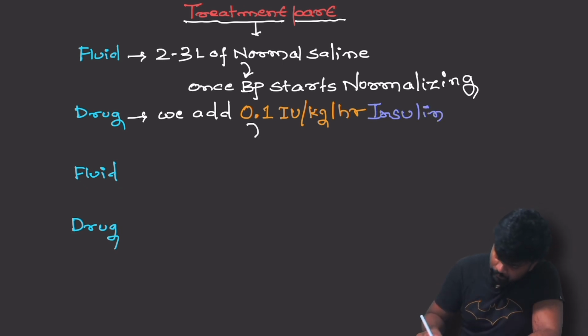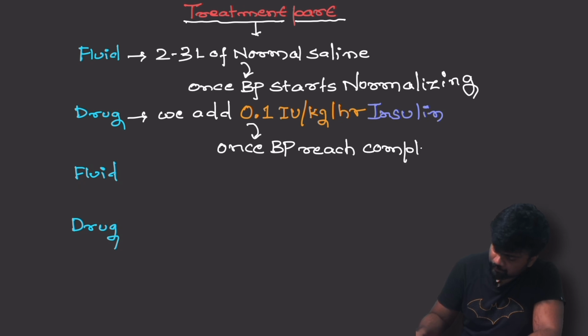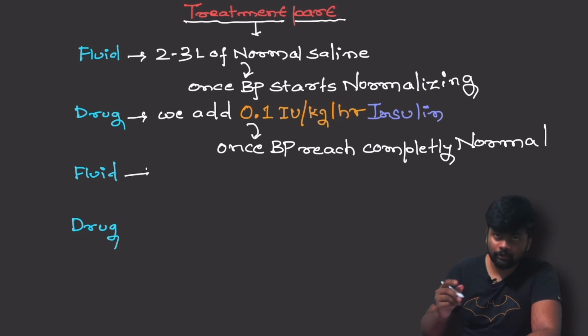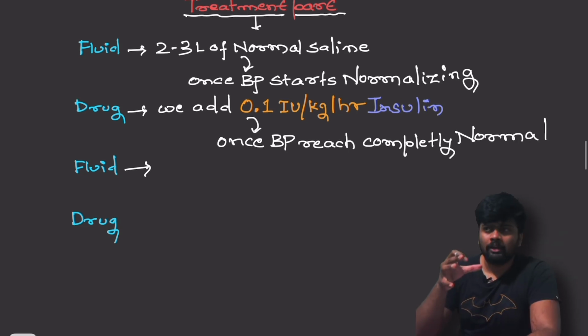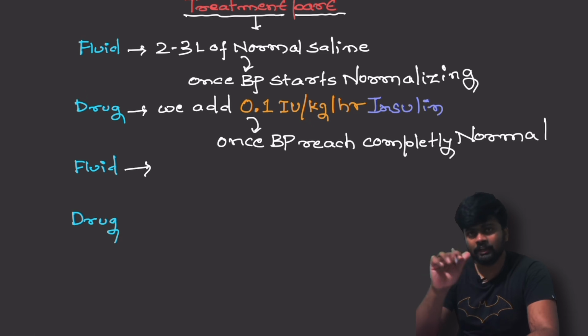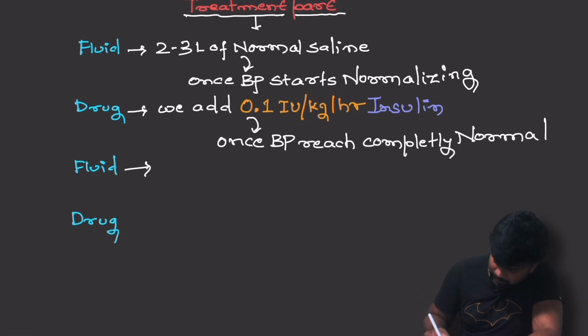So once BP reaches completely normal, then we have to add another fluid. I'll say that it is not actually adding. We will replace the previous normal saline with N/2 saline.